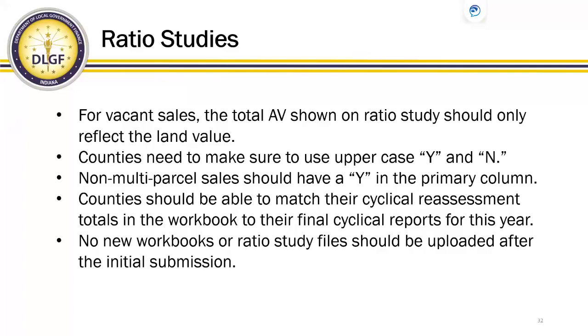And then finally, when looking at your ratio study submission, there may be various things that cause changes to the ratio studies, but there shouldn't be new workbooks or ratio studies uploaded after your initial submission. So those are things that might cause delays with your ratio study.